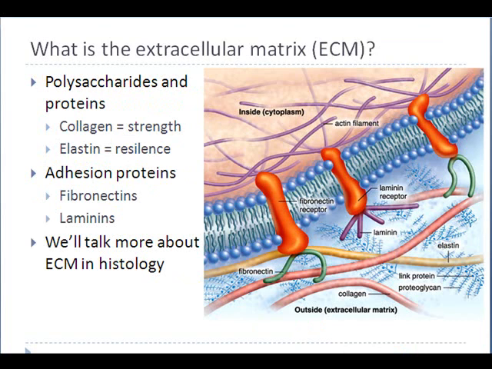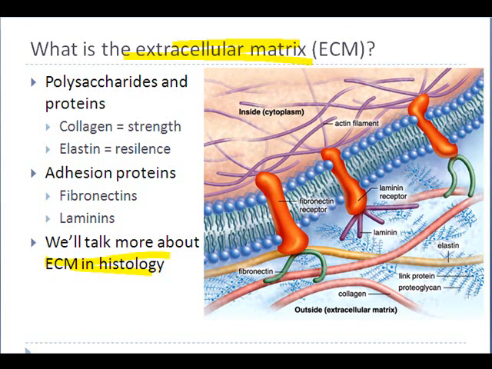Besides that, the plasma membrane is so dynamic that it has a lot of extracellular matrix, shorthand called the ECM, which stands for extracellular matrix. And this extracellular matrix we'll talk much more about in histology at the end of the class.